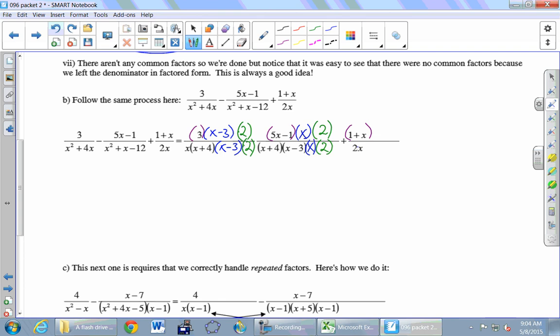Now we got to get this third guy to match those first two. So what is the third guy missing from either of the first two? They're both the same at the moment. So what are we missing? x plus 4 and x minus 3, and the 2x that I see is already there. So x plus 4, x minus 3 are what we need to bring in on the last guy. Again, everything in parentheses.